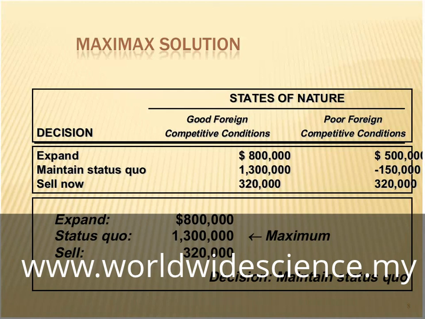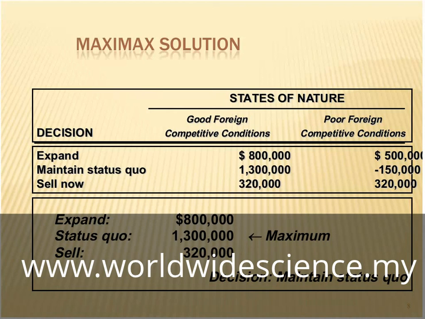For the maintain option, which one is the maximum, between 1,300,000 and minus 150,000? Very good, 1,300,000 is maximum. And for sell, no difference, 320,000.